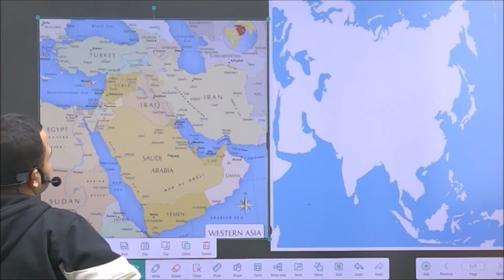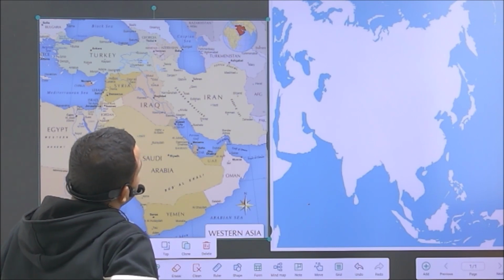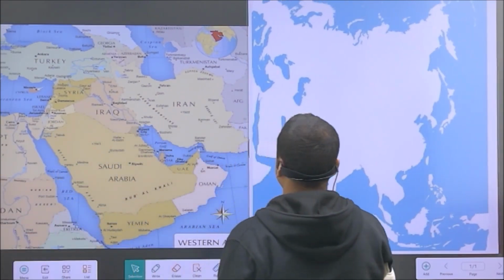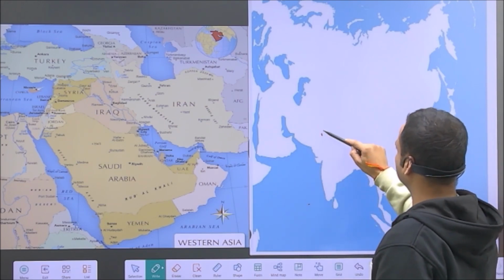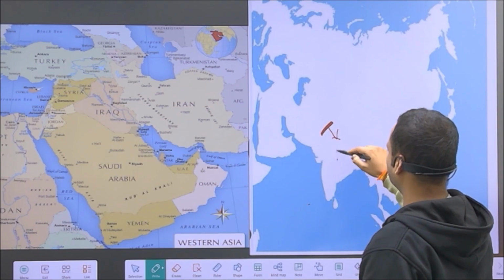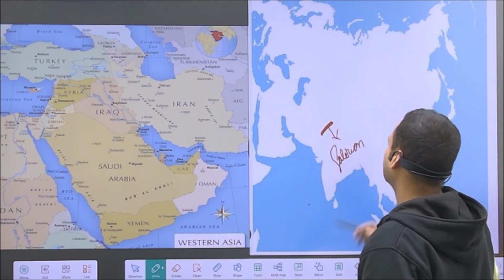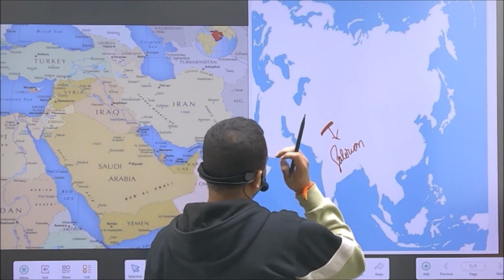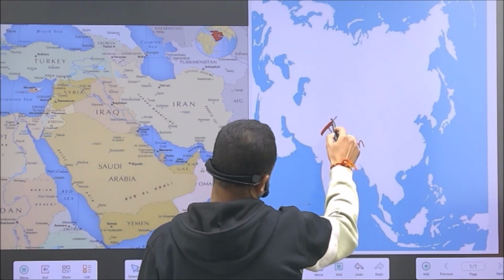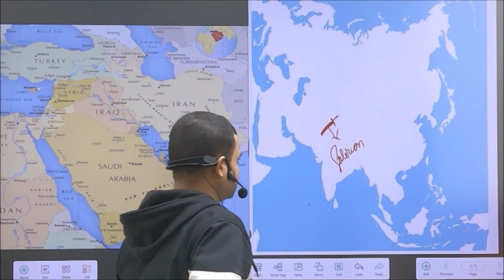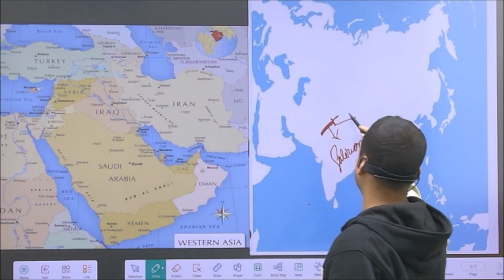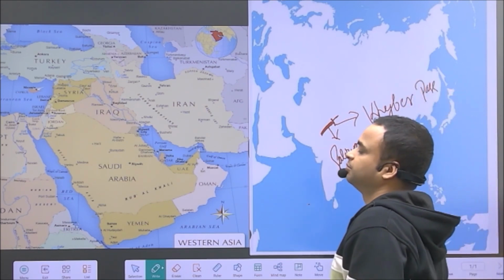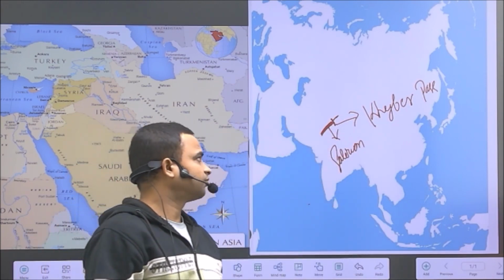Here it is Iran. In Pakistan, you can see one mountain which is called Sulaiman Mountain. Sulaiman Mountain is situated on the border between Pakistan and Afghanistan, and in the north part of Sulaiman Mountain, Khyber Pass is situated. Khyber Pass separates Pakistan from Afghanistan.